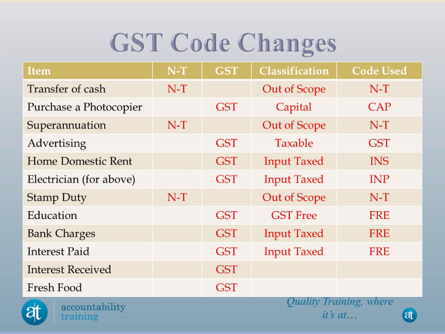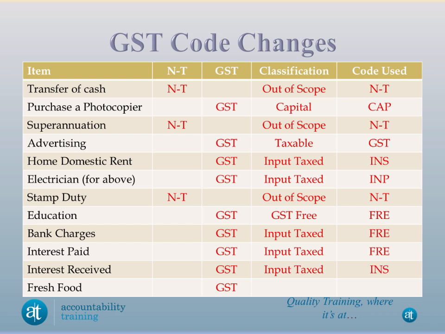Interest paid is also a charge applied by a financial services institution and is the provision of a service. Financial services are listed as input taxed items under the GST Act, which means that it is free of GST. The same applies to this item as was applied to bank charges, and is coded FRE and also reported at G11 and G14.